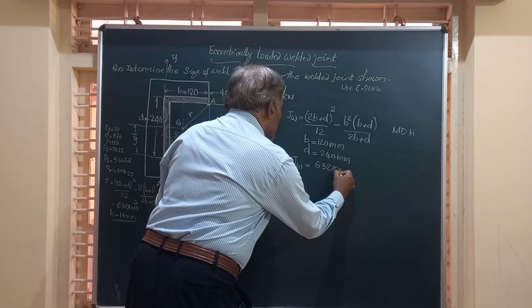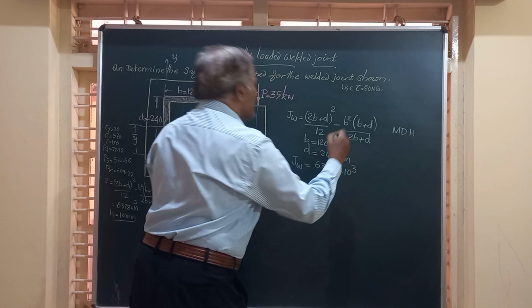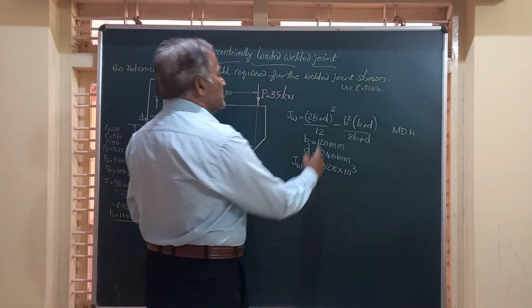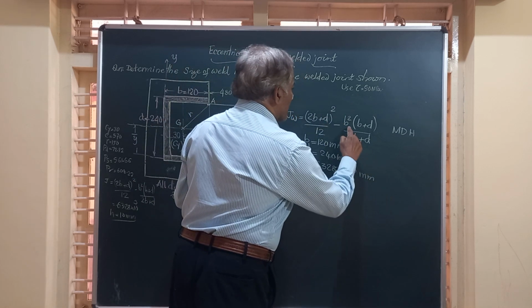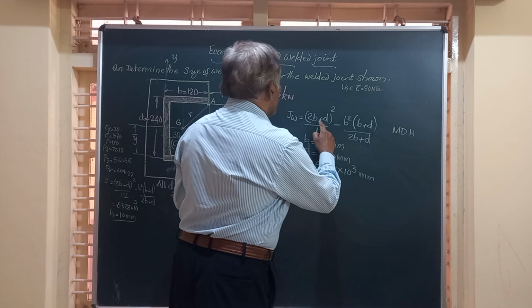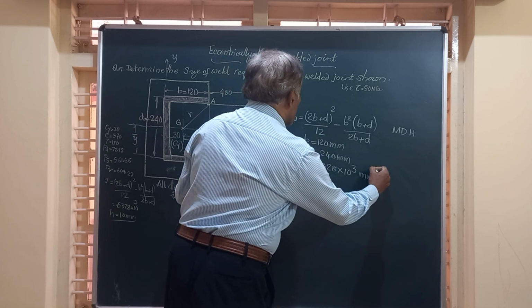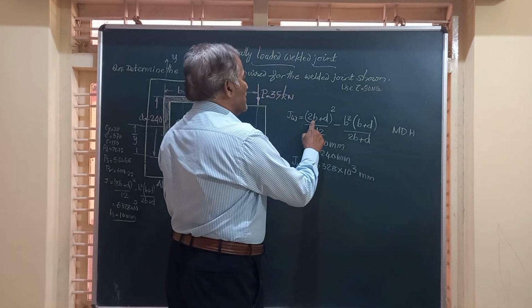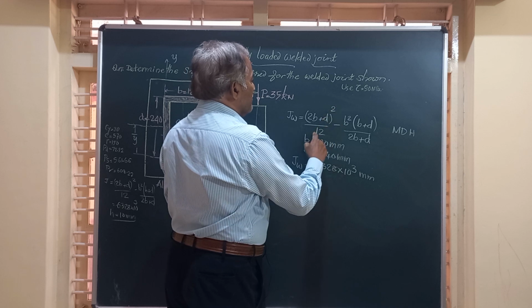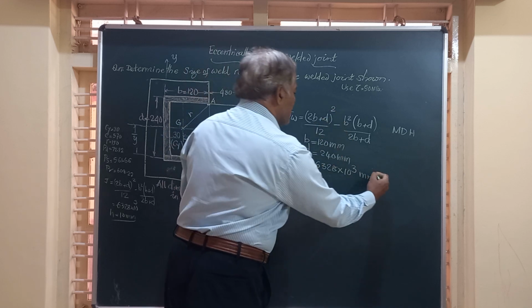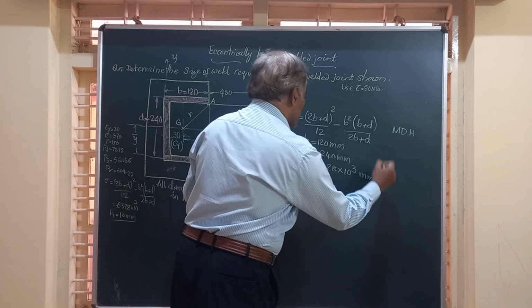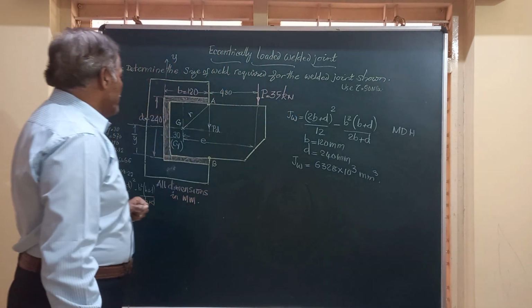This is going to be so many mm to the power of 4. This is B and D dimension square by 12, okay, millimeter square, so millimeter cube you will get the value of JW.